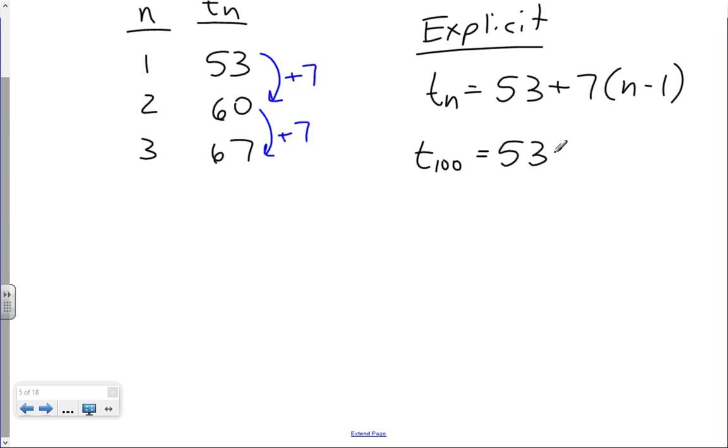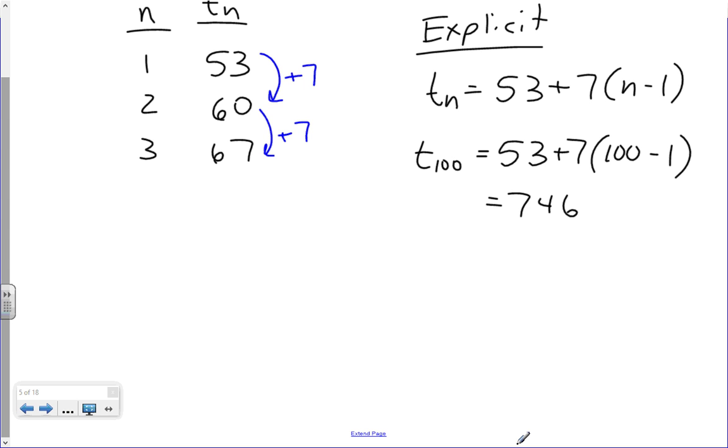So it's 53 plus 7 times 100 minus 1. So it's 53 plus 7 times 99. I'm just going to quickly punch that into my calculator. You can do the same. I'm getting 746. You can double check that on your calculator, but that should be T sub 100.